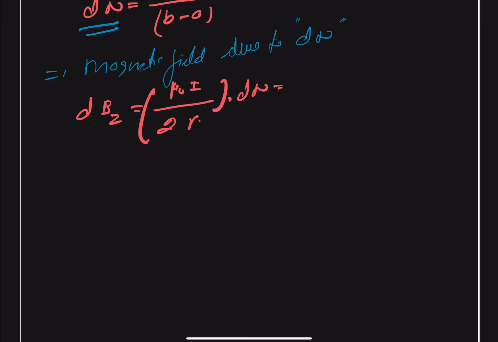We substitute the value of dn, we get this as mu naught I upon 2r, and we have N over B minus A multiplied by dr.